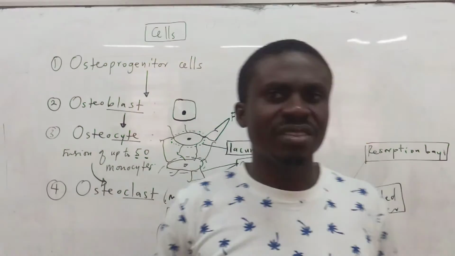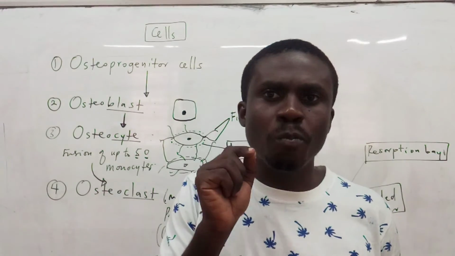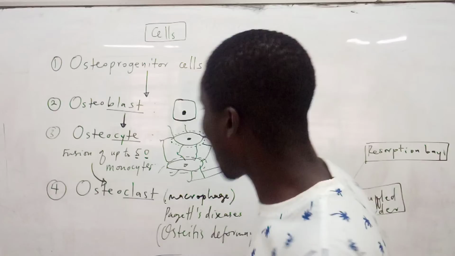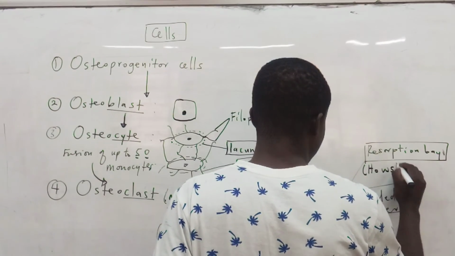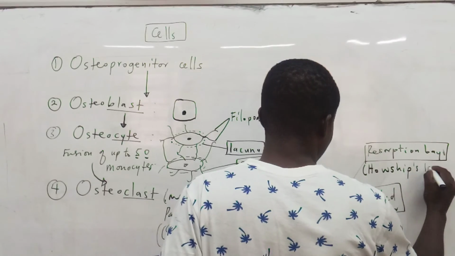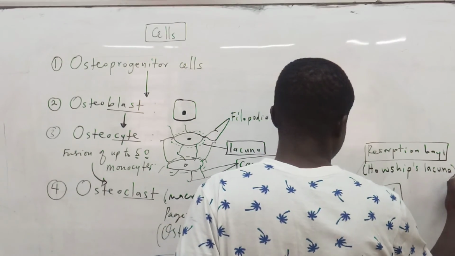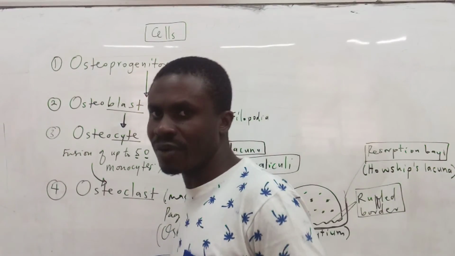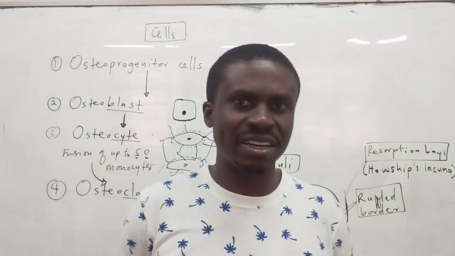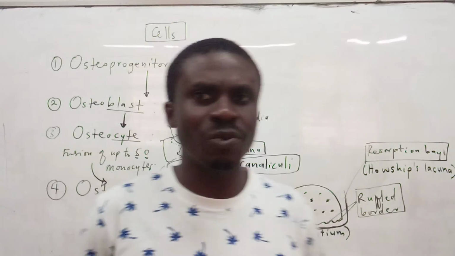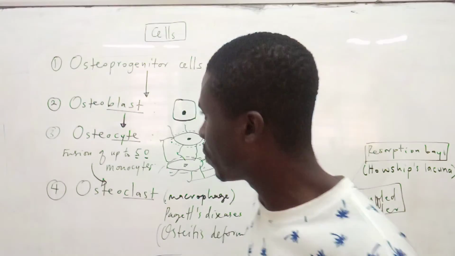Now, this resorption bay, importantly, we call it Howship's lacuna, an eponym for it. The plural form will be lacunae. Get to understand this point. So that is one useful thing that I want you to be aware of.